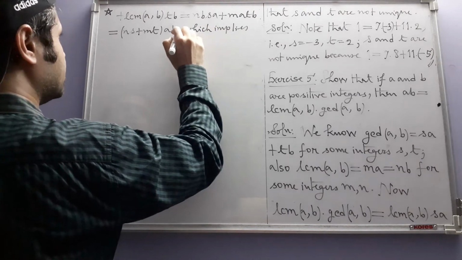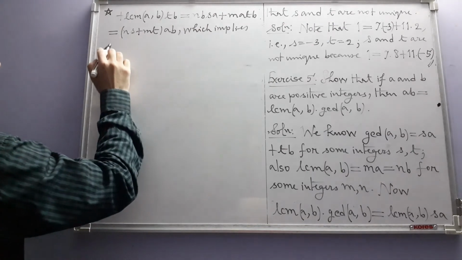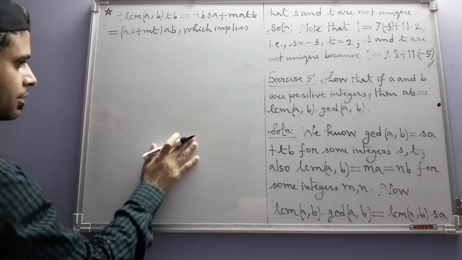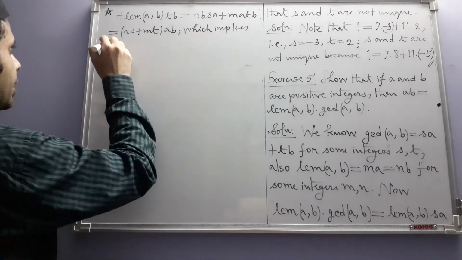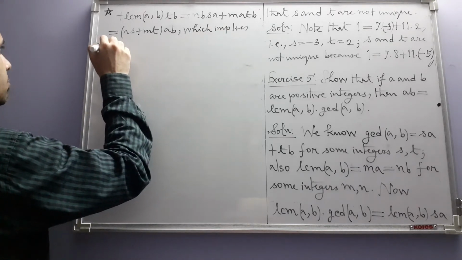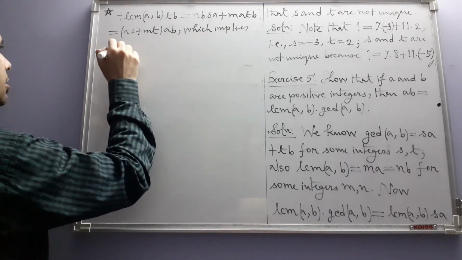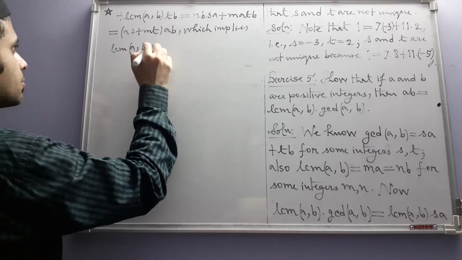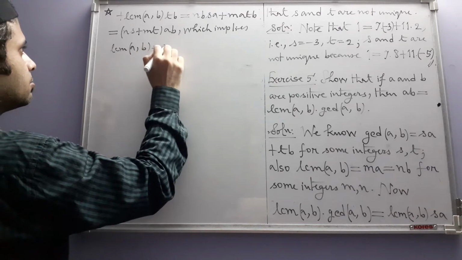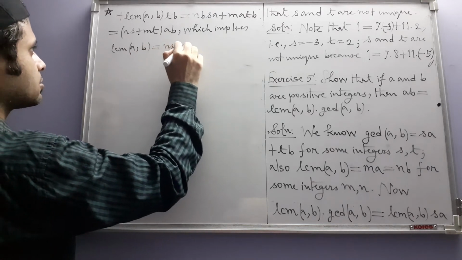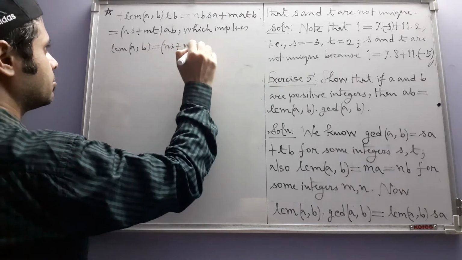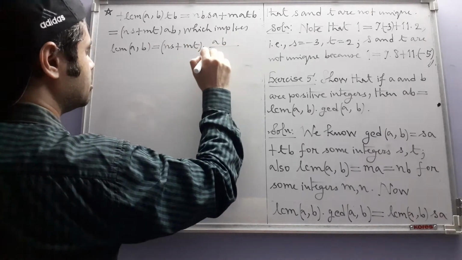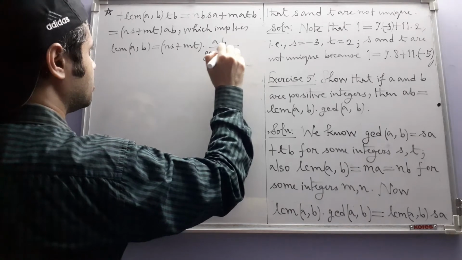Which implies, I could have worked with that one also, but anyway, which implies LCM of a comma b is equal to ns plus mt times ab divided by GCD of a and b.